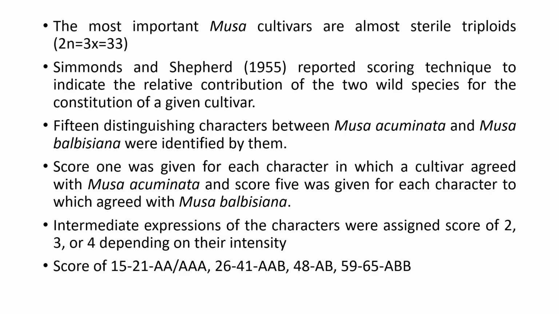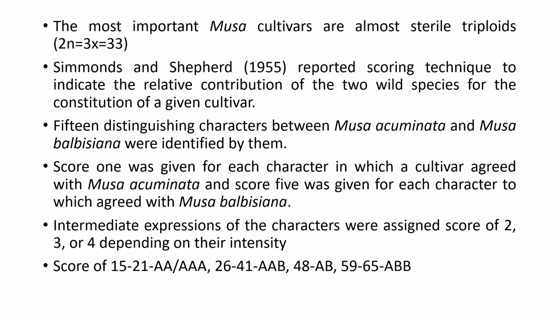The most important Musa cultivars are almost sterile triploids, 2n equal to 33. Simmonds and Shepherd in 1955 reported a scoring technique to indicate the relative contribution of the two wild species to the constitution of a given cultivar.